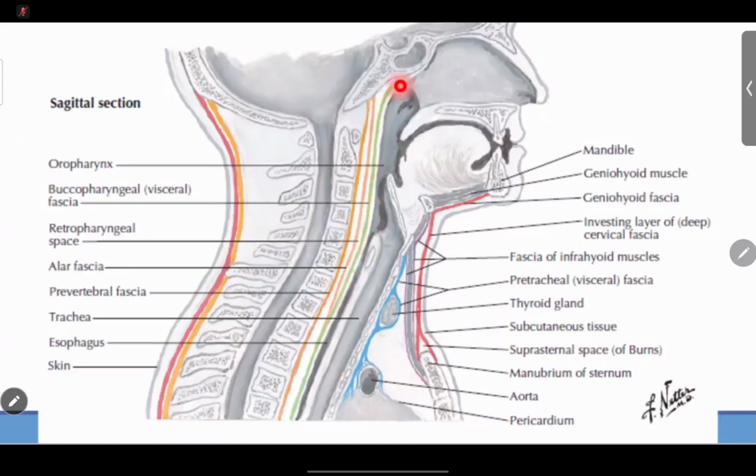Take note of where they start. They always start at the skull base, but they differ in where they end. Your buccopharyngeal fascia ends along the hyoid bone, while your alar fascia reaches toward the sternum. Actually, the alar space could reach up to the diaphragm or the mediastinum. That's why infection that starts superiorly can reach inferiorly, leading to a high mortality rate.